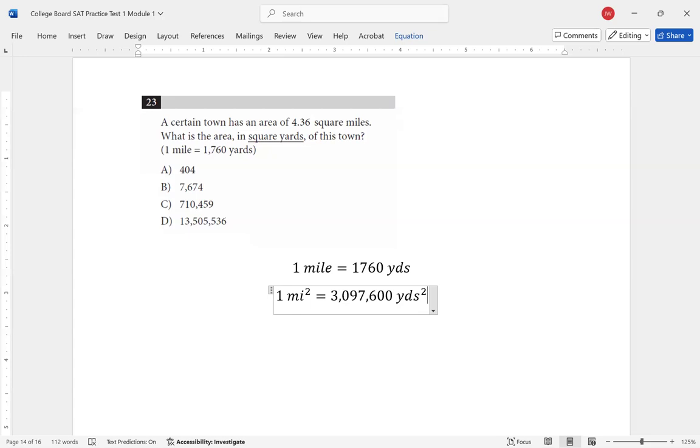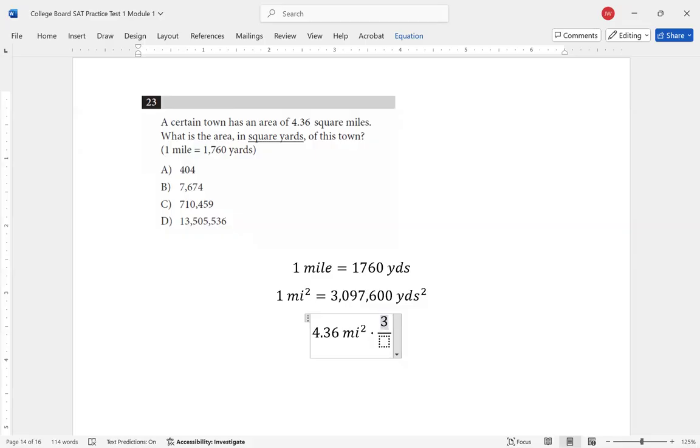And again, we'll use that notation: 3,097,600 square yards. And if we have 4.36 square miles, we can multiply that times a conversion ratio of square yards divided by square miles.